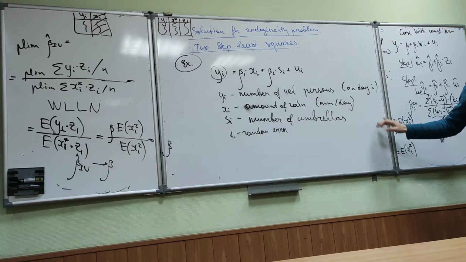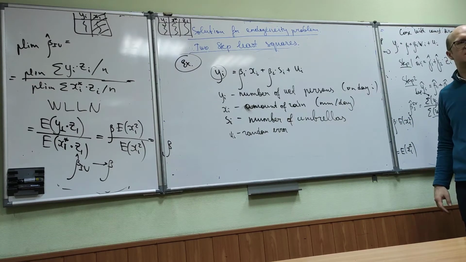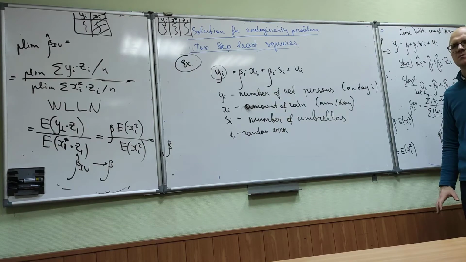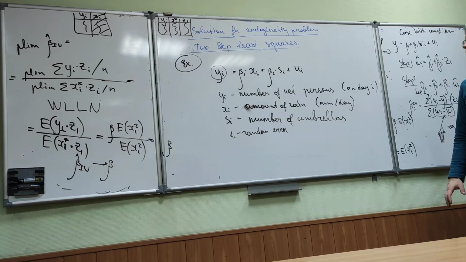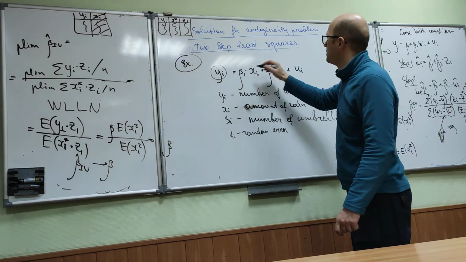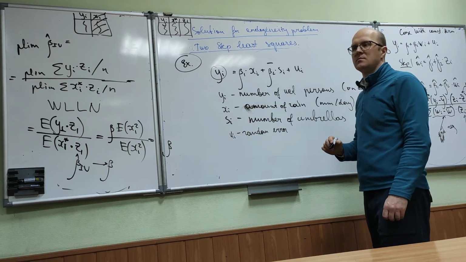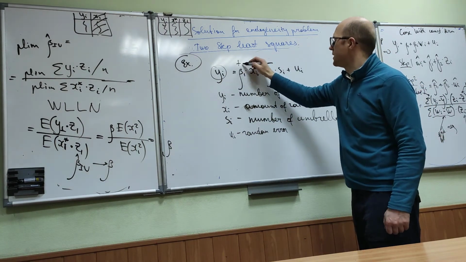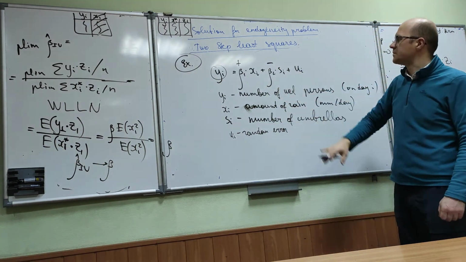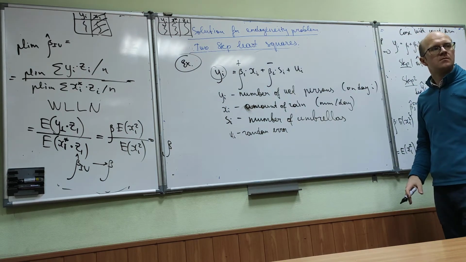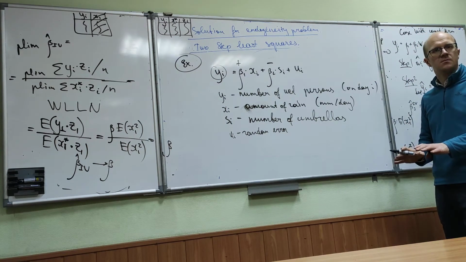So what is the influence of beta 1, and what is the influence of beta 2? By intuition, beta 2 should be negative, and beta 1 should be positive. Okay?